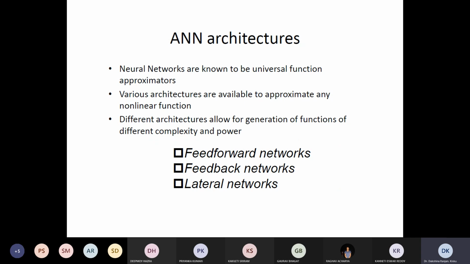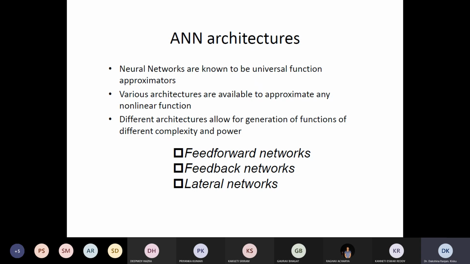Now, if we look at different artificial neural network architectures, firstly, we should know that the artificial neural network is a universal function approximator, and it can consider any nonlinear function for approximation.